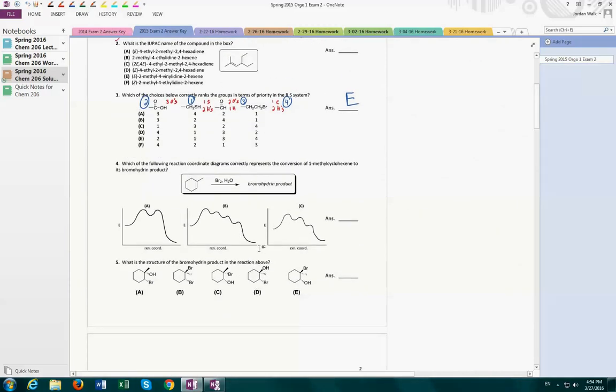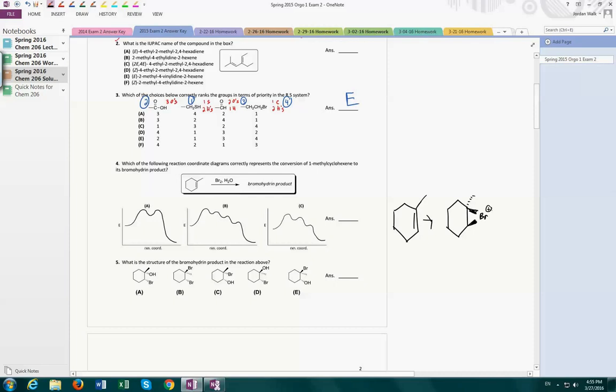Okay, knowing what we know about this type, it's a halohydrin reaction. Mechanistically, let's think about what we'll go through. I'm not going to draw the mechanism because we've done that already today, but we're going to go through a halonium intermediate.